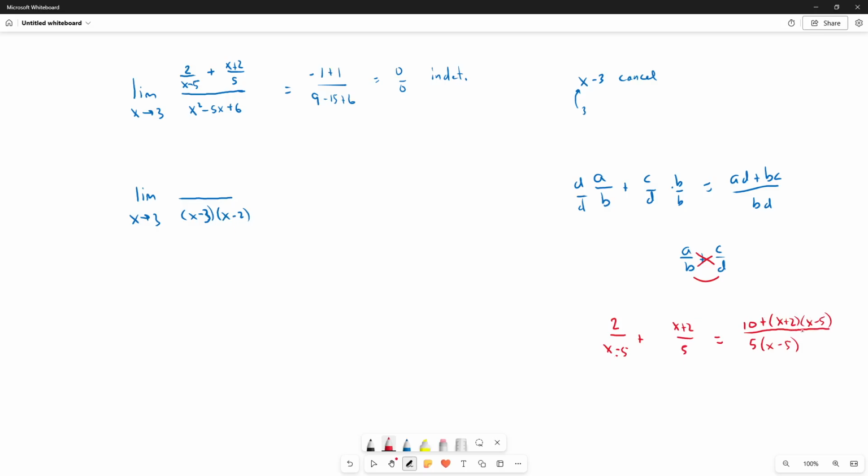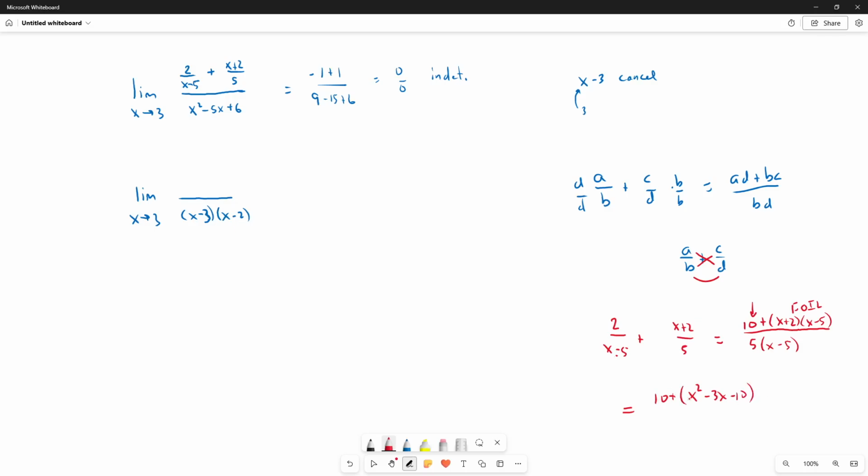So we have a little bit of work to do here in this numerator. That numerator will FOIL here, and then after we FOIL, we'll add 10. So it's 10 plus, the FOIL here is x squared minus 5x plus 2x, which is minus 3x, and then minus 10.